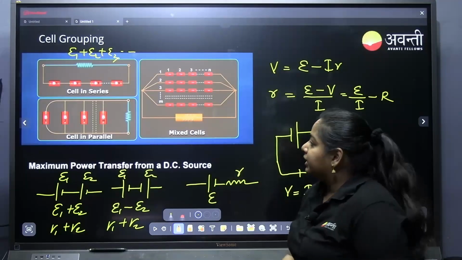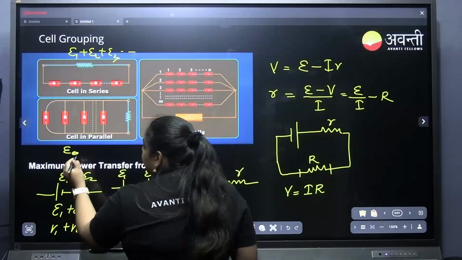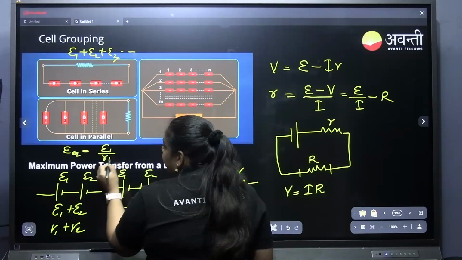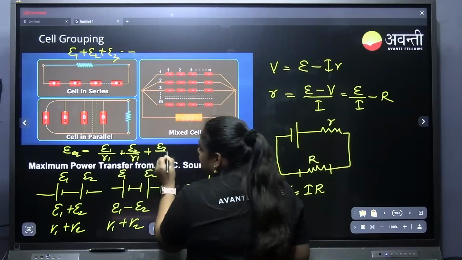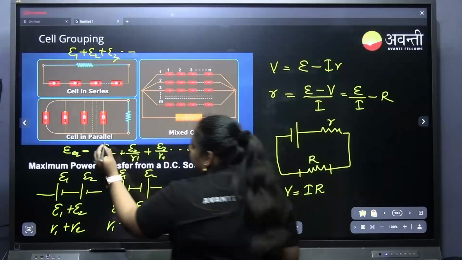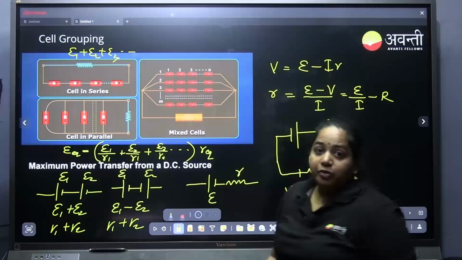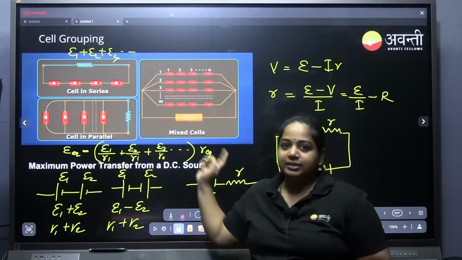Coming to parallel connection, how we will find it: E equivalent is equal to E1 by R1 plus E2 by R2 plus E3 by R3, etc., into R equivalent. For parallel connection, equivalent resistance is found like this.